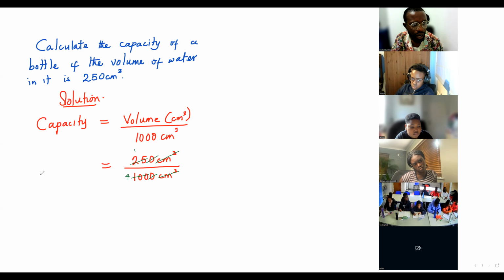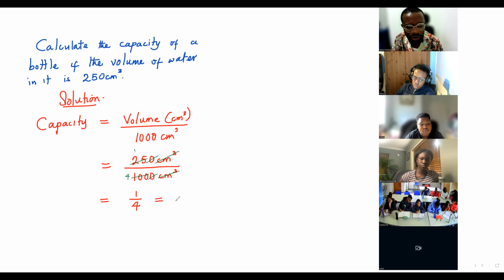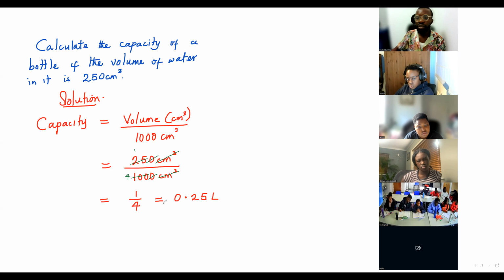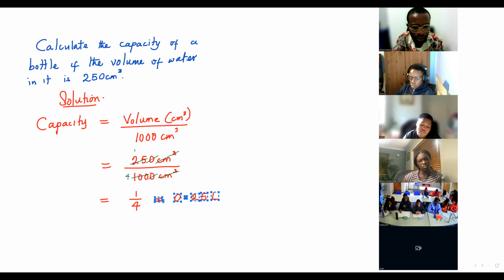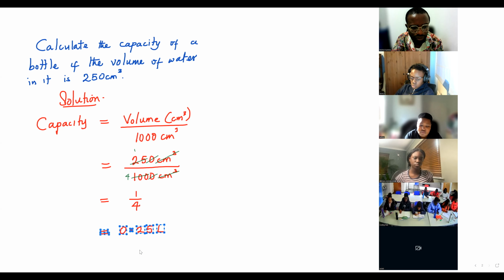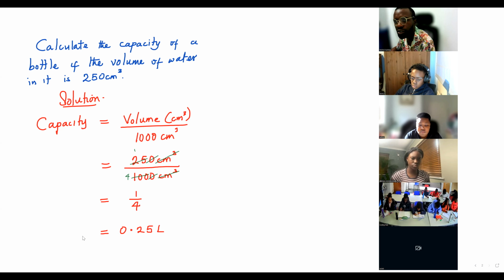Put it in decimal: 1/4 is equal to 0.25 liters. So the capacity is 0.25 liters.